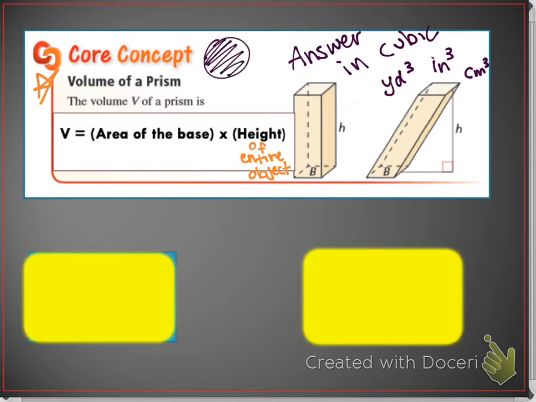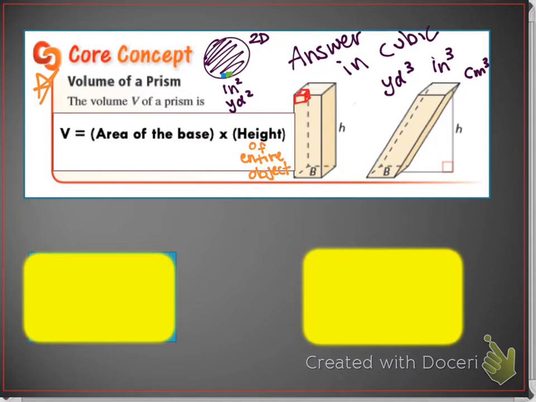Area is two-dimensional, right? 2D. So we always answer inches squared, yards squared. You're figuring out how many little square inches or square yards fit inside of the object. Whereas here, we're finding out how many cubes, because remember, cubes are 3D squares.